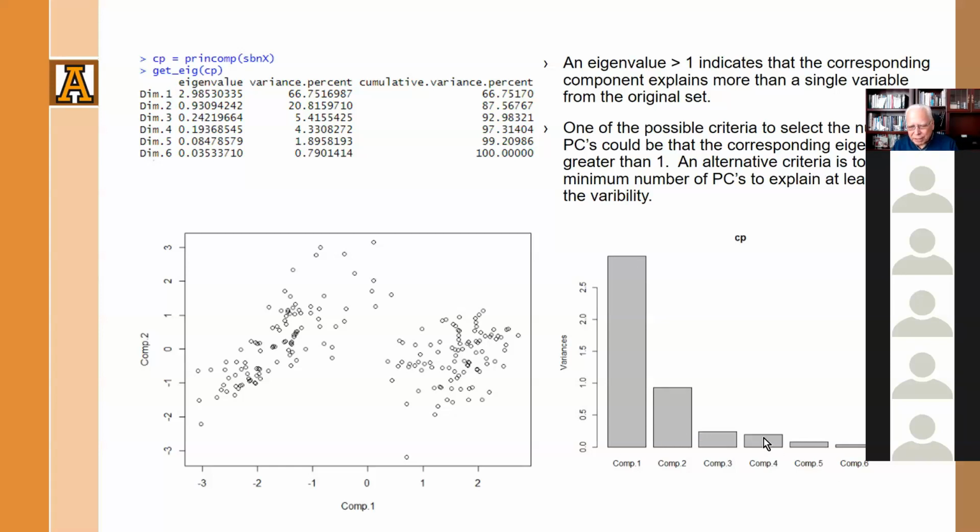But the variance explained by components 3, 4, 5, and 6 is very small, even relative to this one. So the rule of a scree plot, if you imagine an arm with an elbow, you would place the elbow here, and that will tell you to select 2 principal components.